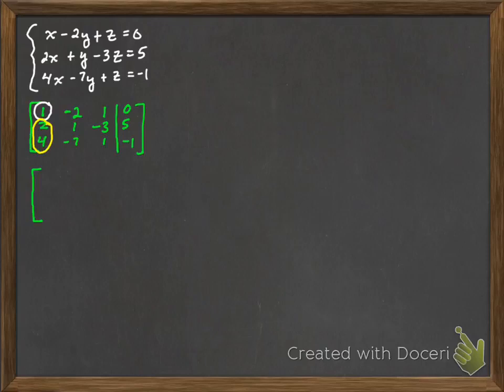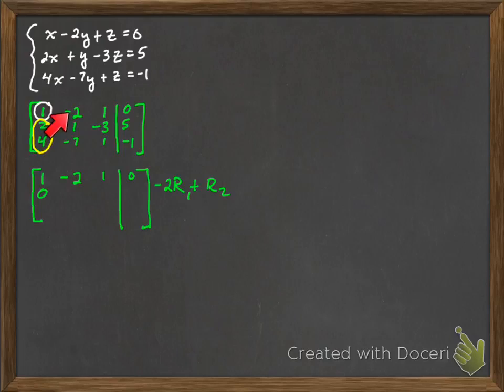All right, so then the top row is not changing. The top row is going to stay exactly like it is: 1, -2, 1, and then 0. And so what we are doing to get a 0 in this spot is multiplying row 1 by -2, and then adding that to row 2. So that gives us a 0 right here.